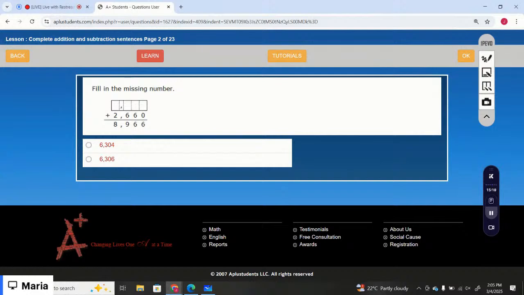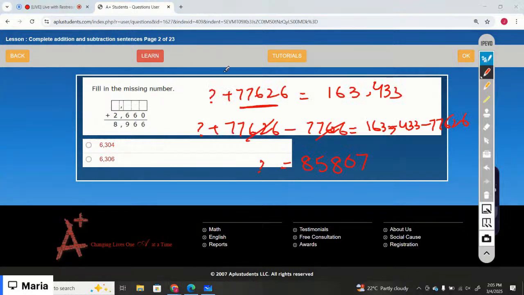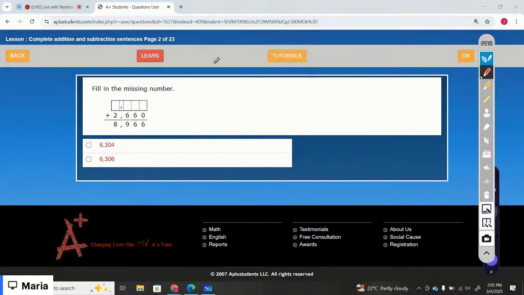You have to subtract 2,660 on both sides, right? That is the missing number plus 2,660 minus 2,660, and 8,966 minus 2,660.